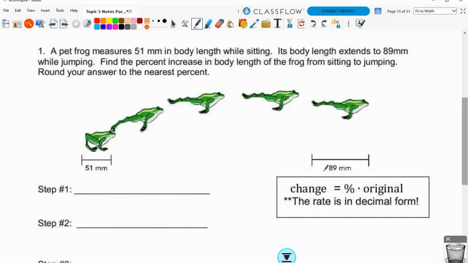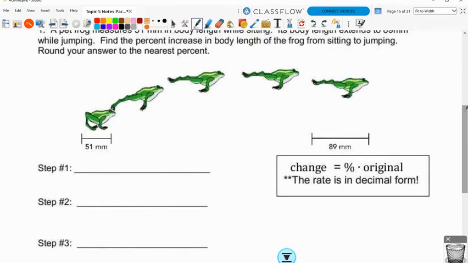Taking a look at our equation down here, notice that this is a little different than the equation that we've been using, which said part equals percent times whole. Part equals percent times whole is the basic percent equation. Starting today and in the next few lessons, we're going to give specific equations for the types of problems that we're working with.